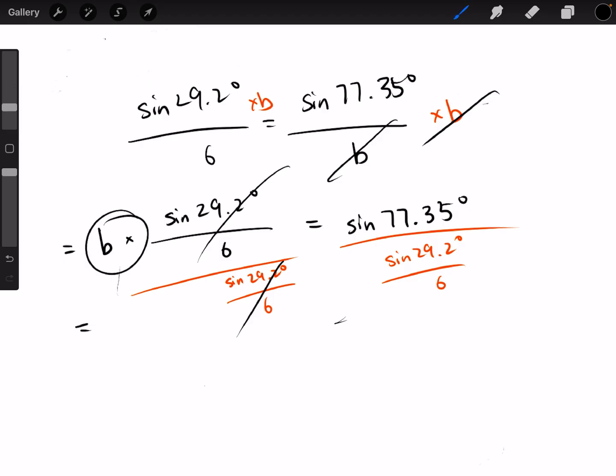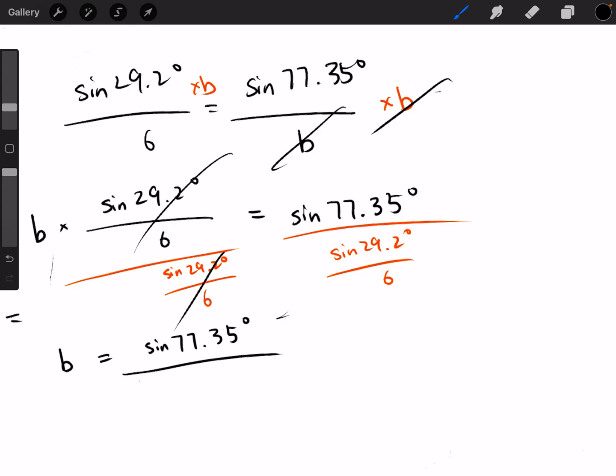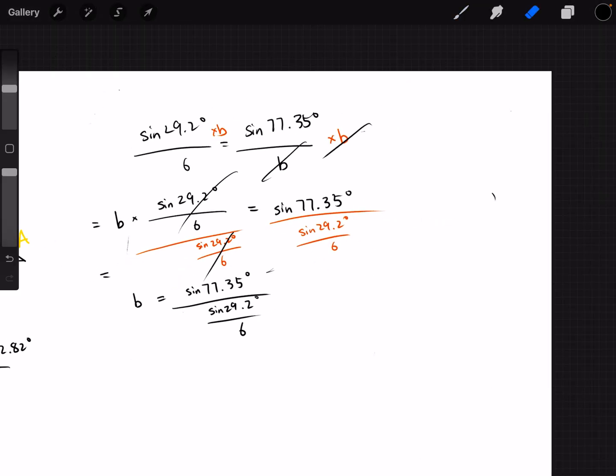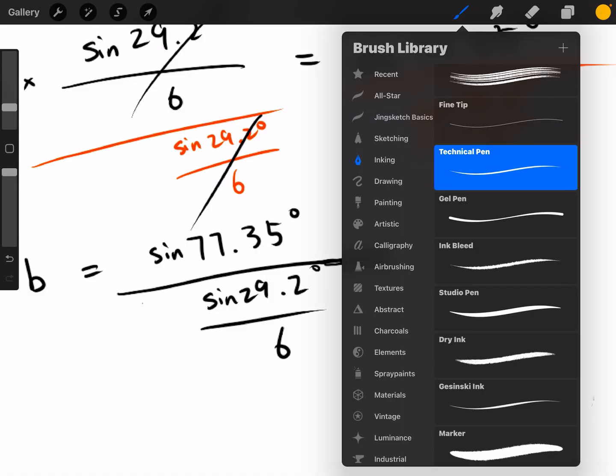So on this side, you're only left with lowercase b, and on this side, you have this whole mess, right? You have sine 77.35 over sine 29.2 degrees over 6. This is a little hard to understand, but all you need to understand about fractions is that you can multiply the top and the bottom by the same thing, and it would be the same fraction.